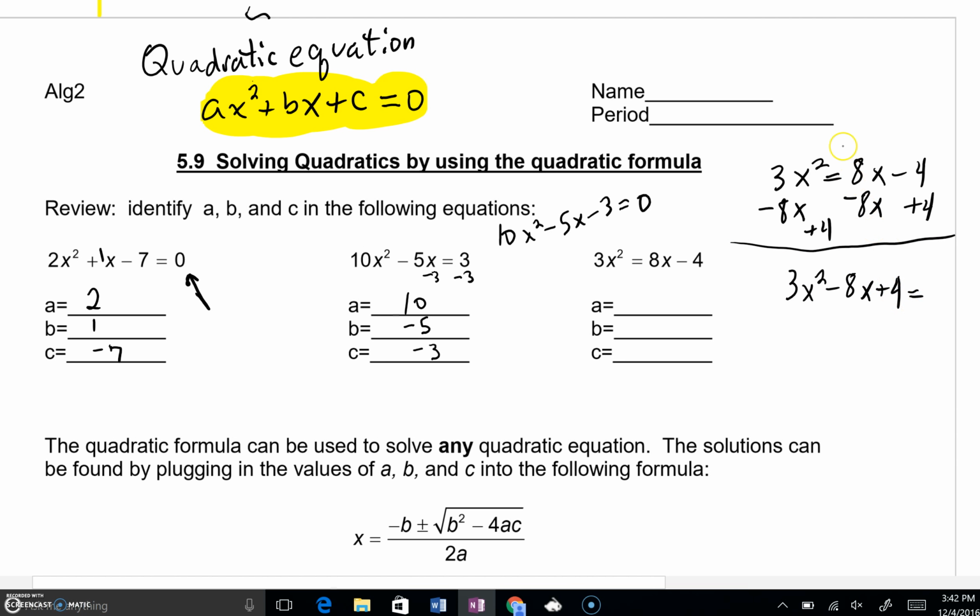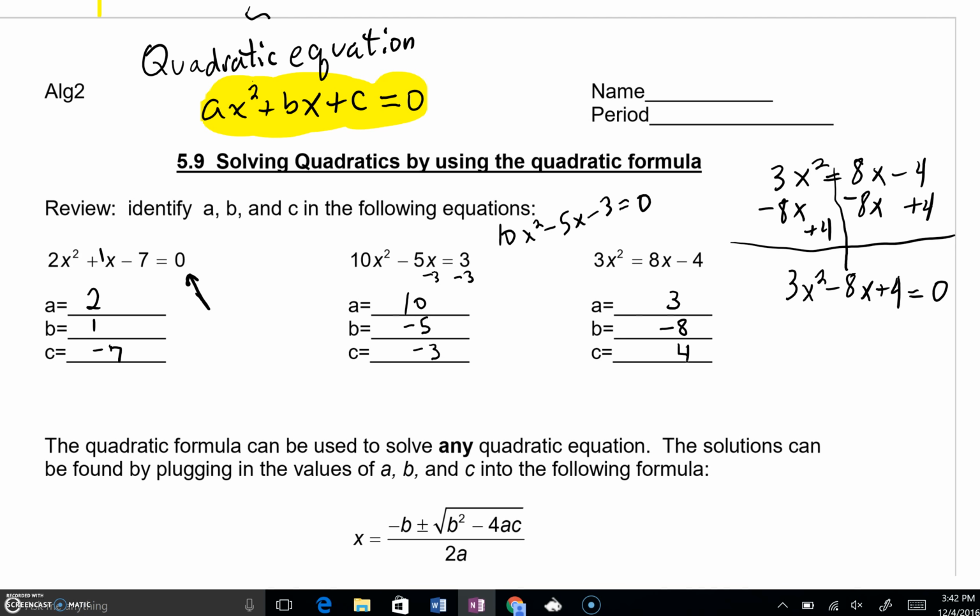And then on the right-hand side, you can see many kids even draw a little bar down there. You can see we'd get 0. A, the number in front of x squared, will be a 3. B, the number in front of x, is negative 8. C, the number that we have as a constant, added or subtracted, is a 4.